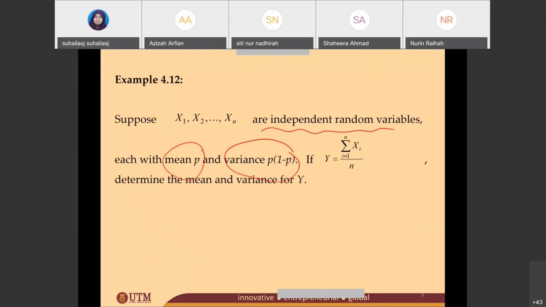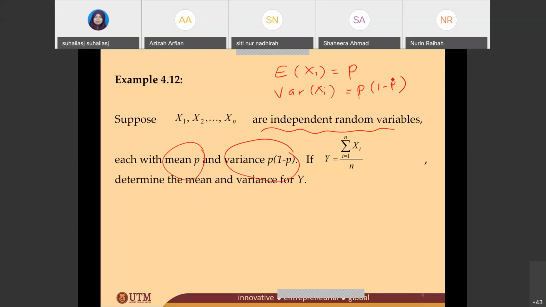So that means you have expected value of X1 is p, variance X1 pun, you will have p(1 minus p).